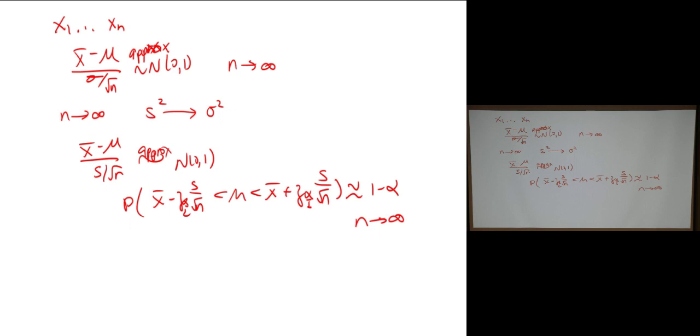But if the sample size is not big, then you had better use the t distribution with n minus 1 degrees of freedom, t n minus 1 alpha over 2. But if you use that, you have to remember that you require the distribution of the population to be normal.